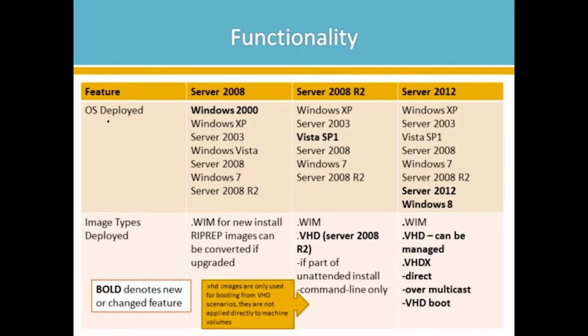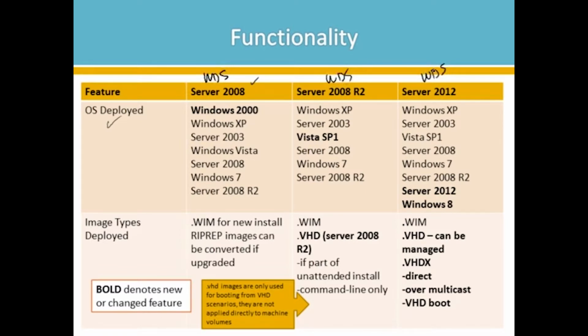So if you're looking at operating systems deployed from a Server 2008, now we're looking at the WDS server version. We're not looking at the operating system that you're deploying, but what the WDS server version is.